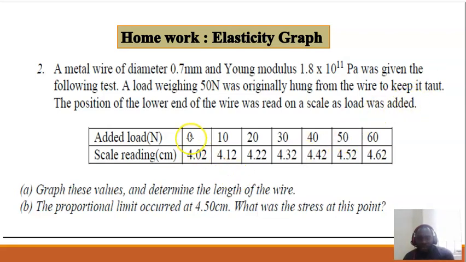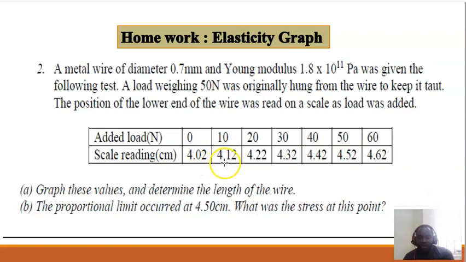It means that if you did not add any load, the scale reading is 4.02 cm, and of course that means there is no extension. But if you had a load of 10 Newton, it will cause the spring to extend from 4.02 to 4.12.